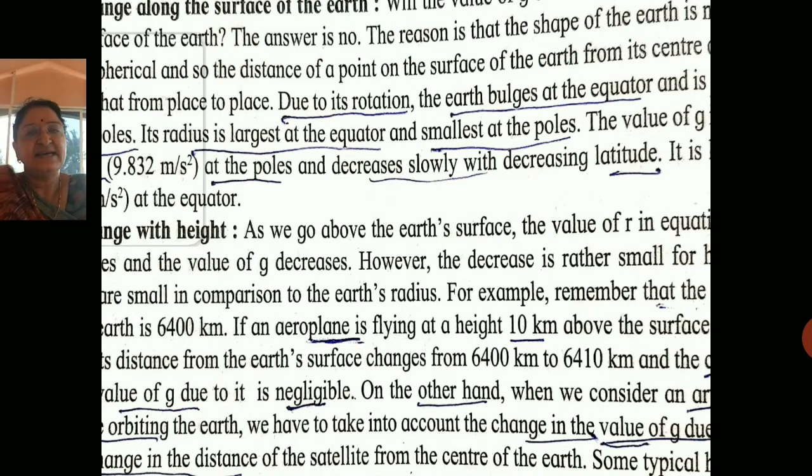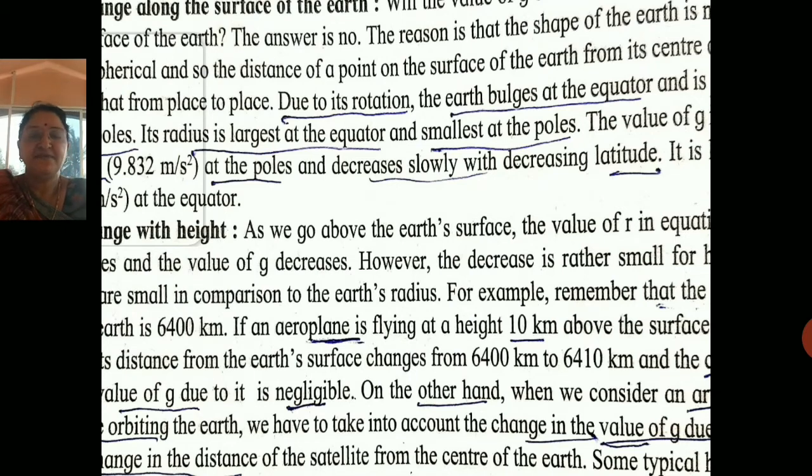Now we consider three conditions to measure the value of g. First, variation in the value of g along the surface of earth. Second, variation in the value of g with change in height of that object from the surface of earth, and third, variation in the value of g with depth, that is below the earth, inside the earth.